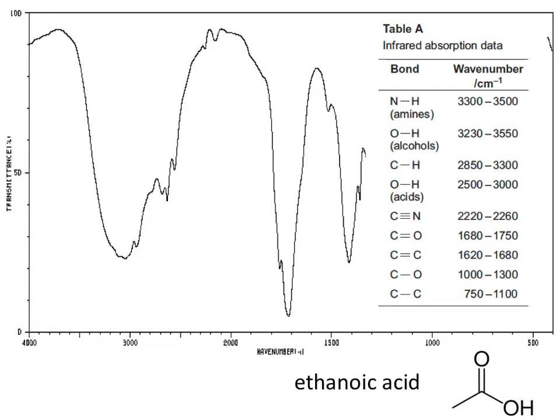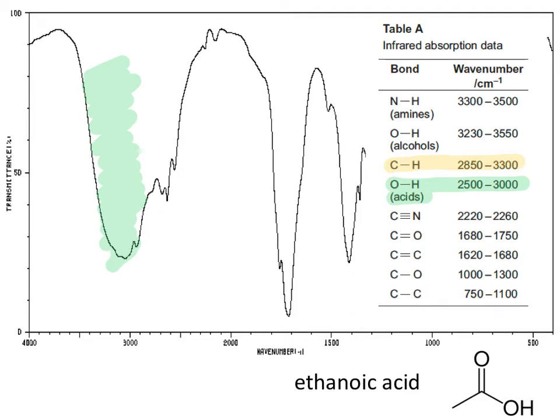So this time we've got a carboxylic acid. Now the carboxylic acid has an OH group in the same way that an alcohol does, but it is at a slightly lower wave number. And what we get is a really, really broad peak. The reason it looks so broad is that in effect it has merged. You'll see that there's an overlap.